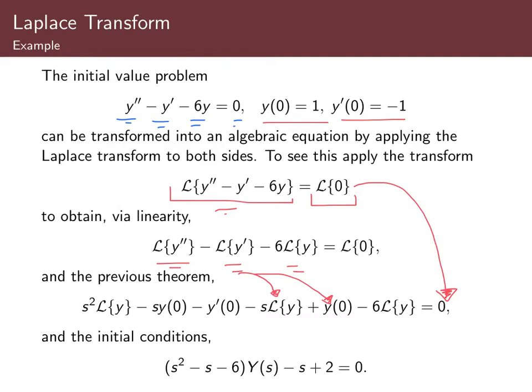The Laplace transform of the second derivative is s squared times the Laplace transform of y, minus s times the initial value of y, and then minus s to the 0th power times y prime's initial condition. These values are determined by the statement of the problem, so they can be entered in, and then you can go ahead and end up with this equation after combining like terms.